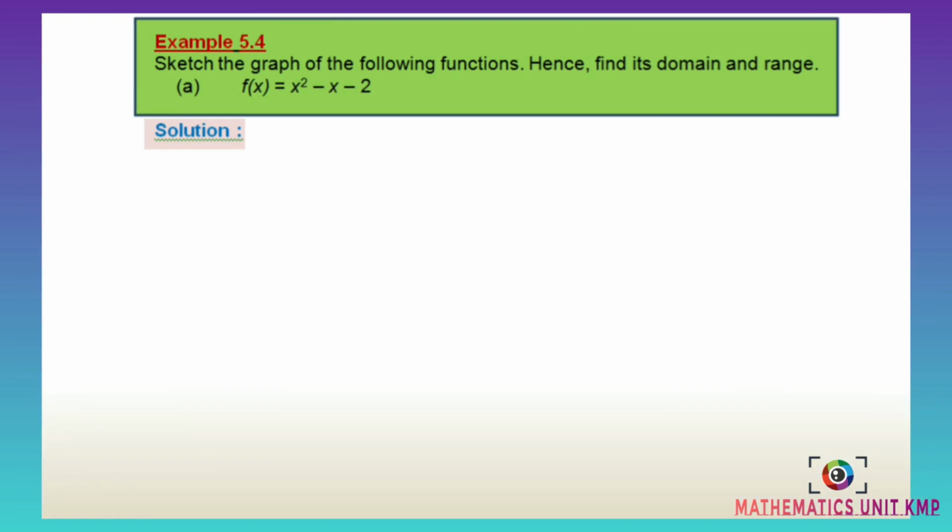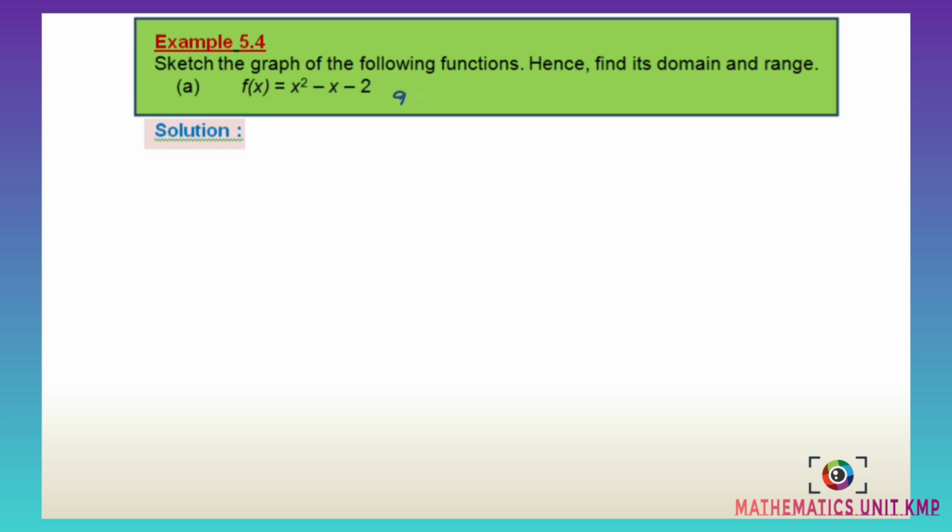For example 5.4, sketch the graph of the following functions, hence find its domain and range. Given f(x) equals x squared minus x minus 2. We can determine the values of a, b and c by using the general form.